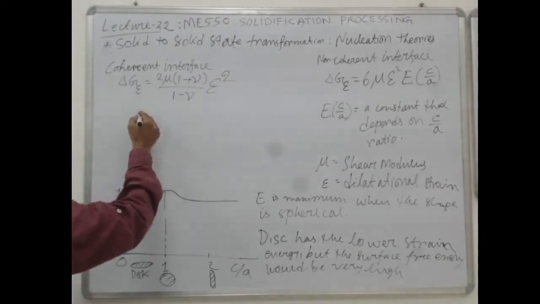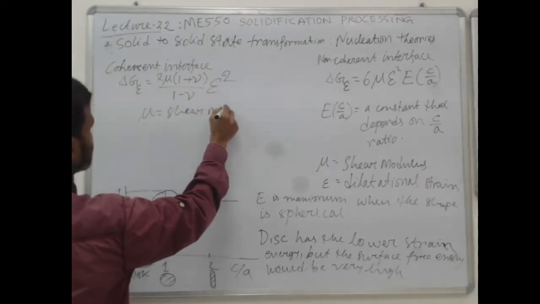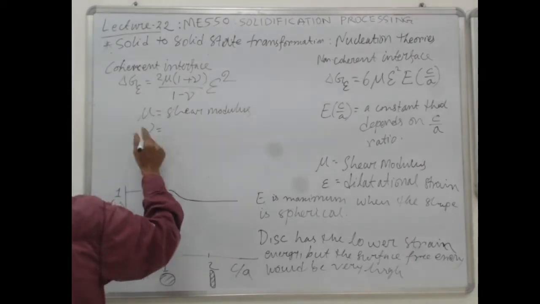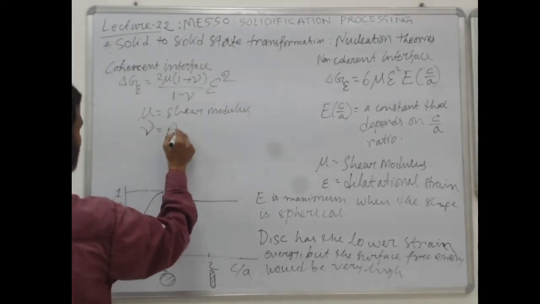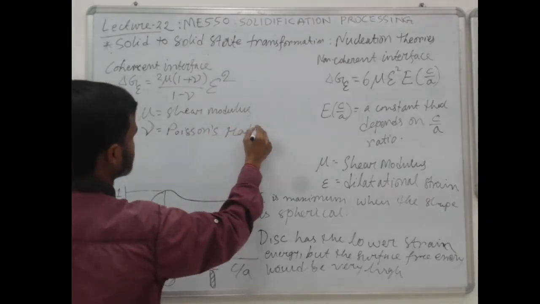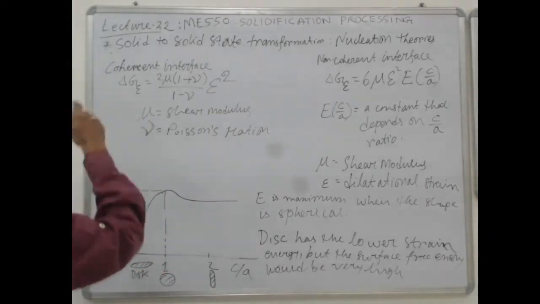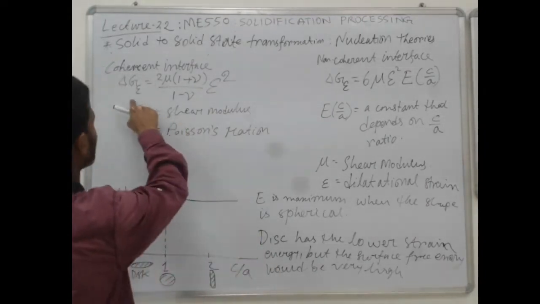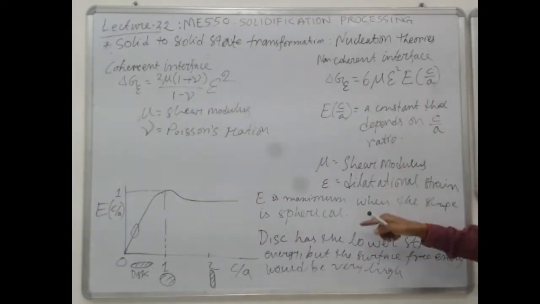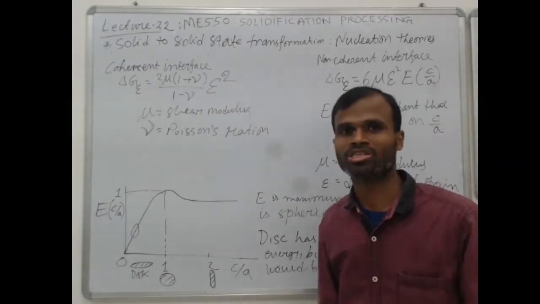Here you see mu is the shear modulus, and nu is Poisson's ratio. Here you see for coherent interfaces, the energy is independent of the shape. There is no shape factor term. It is independent of the shape.